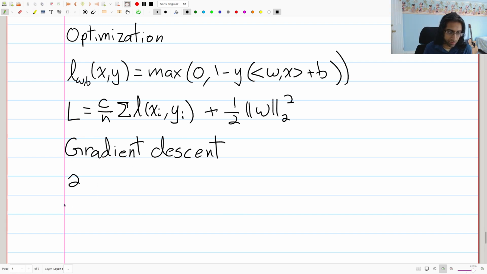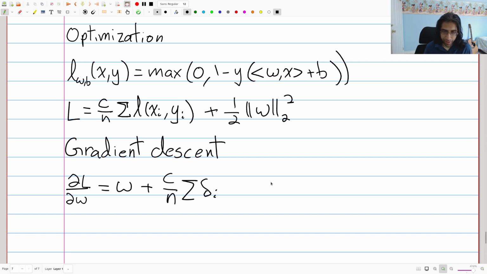I'll take the partial with respect to w, and you can do the same for b if you want. The partial with respect to w is going to be equal to w, which is just this term, plus C over N times the summation of some delta i's.